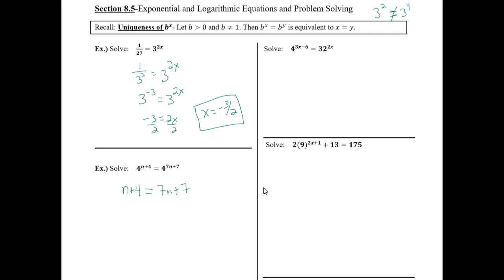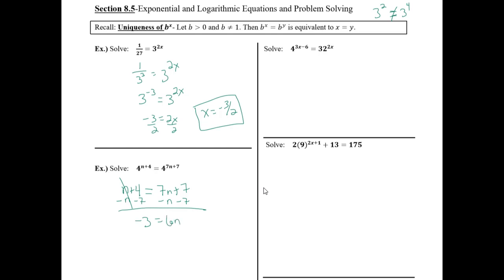Now we have a linear equation that we can solve by getting all of our variables on one side and all of our constants on the other. So I'm going to go ahead and subtract n from both sides. And if I'm moving n to the right, that means I'm going to move my constant to the left. So that's 0. 4 plus a negative 7 is negative 3. 7n minus n is 6n.